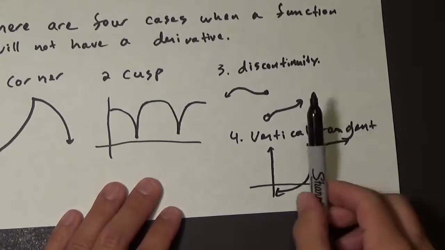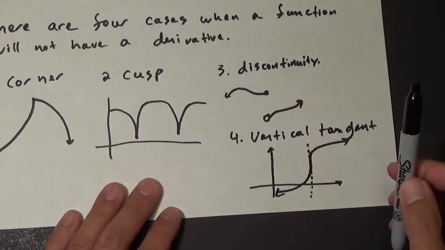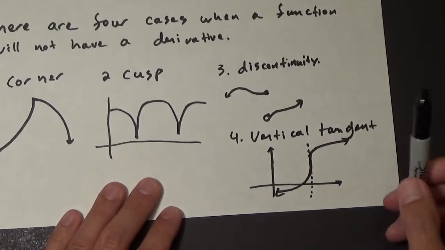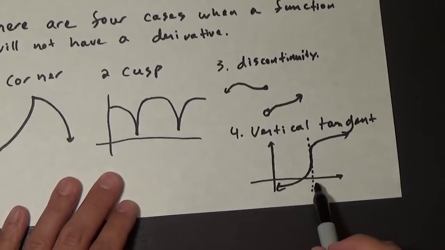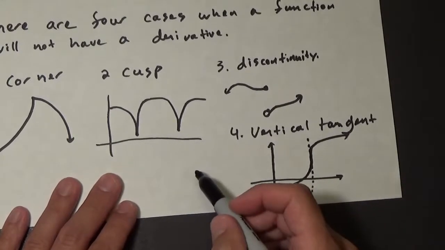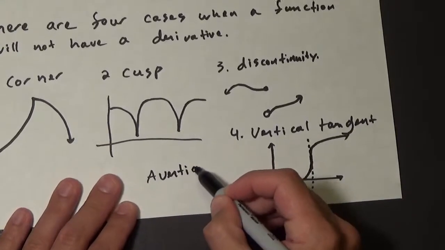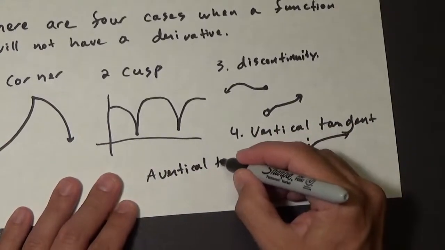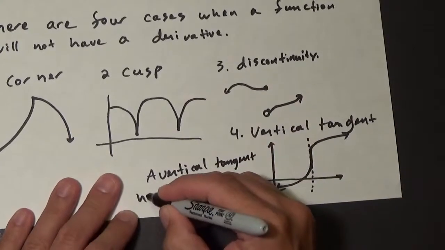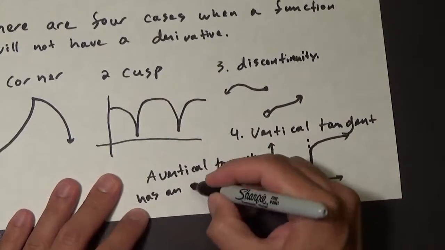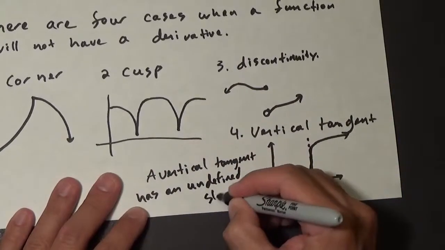And when you have a vertical line, the slope is undefined, so it can't have a derivative. So a vertical tangent has an undefined slope.